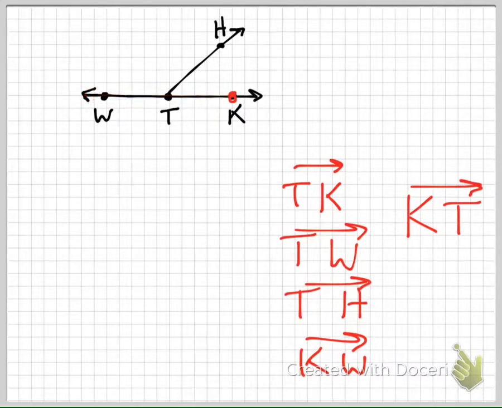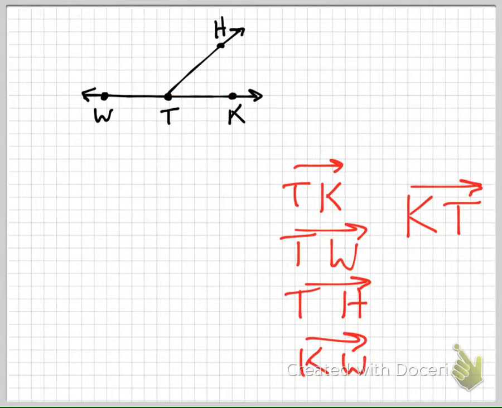Could I have drawn the line longer? Could it go out to here? Isn't it still a ray? It still goes forever that direction, right? Okay, well, what about KT? It's still a ray that goes forever that direction, right? So ray KT and ray KW are the same ray. Make sense?